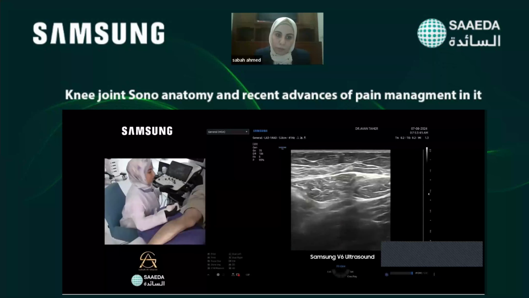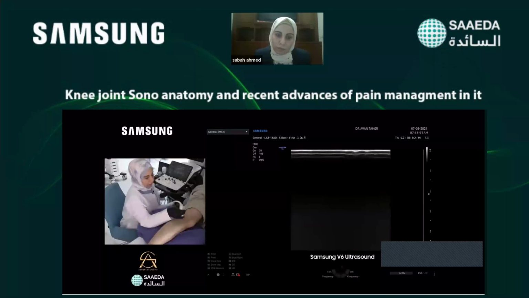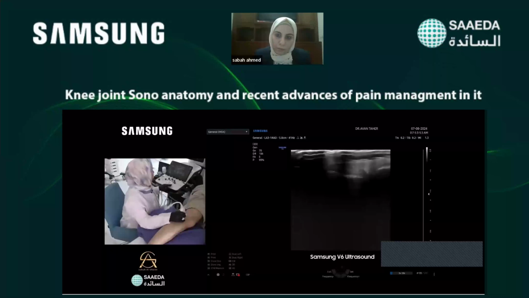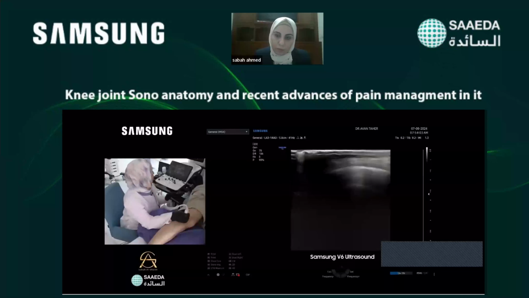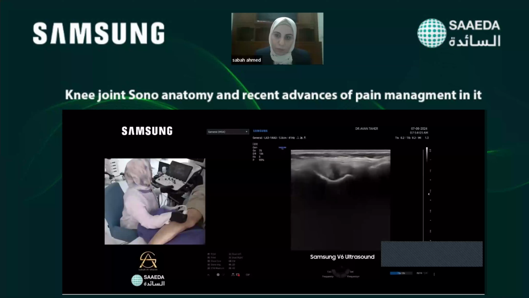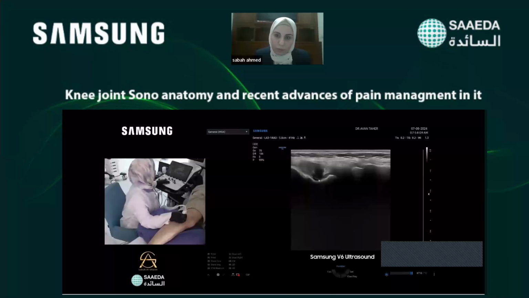So now we continue with the lateral compartment of the knee joint. What we examine here: I put my probe longitudinally on both the femur and tibia. Tibia comes anteriorly while fibula comes posteriorly. What appears here, this is the femur because it is up, and this is the tibia.